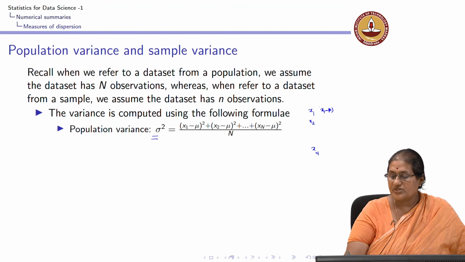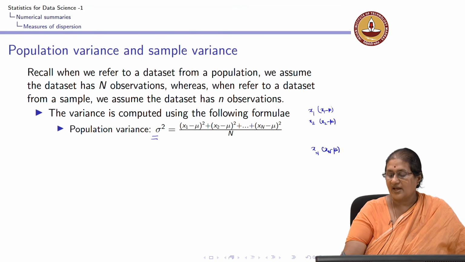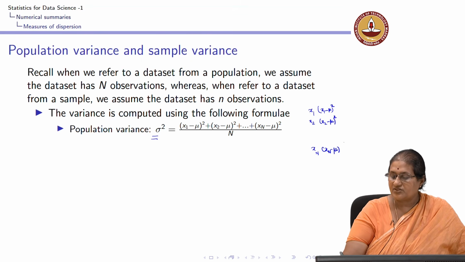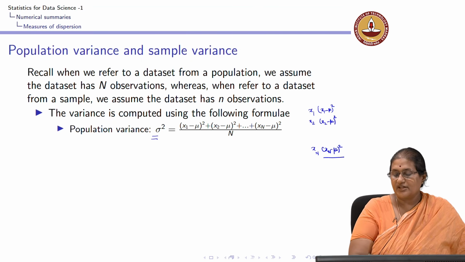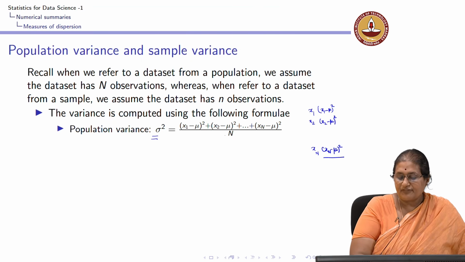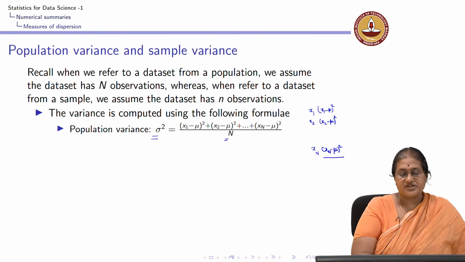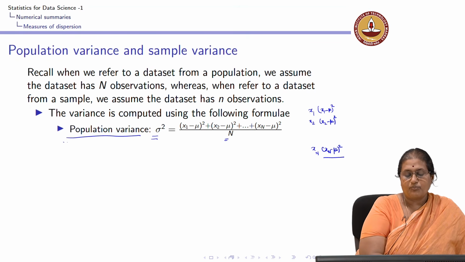X1 minus mu is the deviation of the first unit from the mean, x2 minus mu is the deviation of the second unit from the mean, xn minus mu is the deviation of the nth unit from the mean. I square each of these deviations and add them up, and I get the numerator. If I divide the total sum of squared deviations by the total number of observations, I refer to it as the population variance.